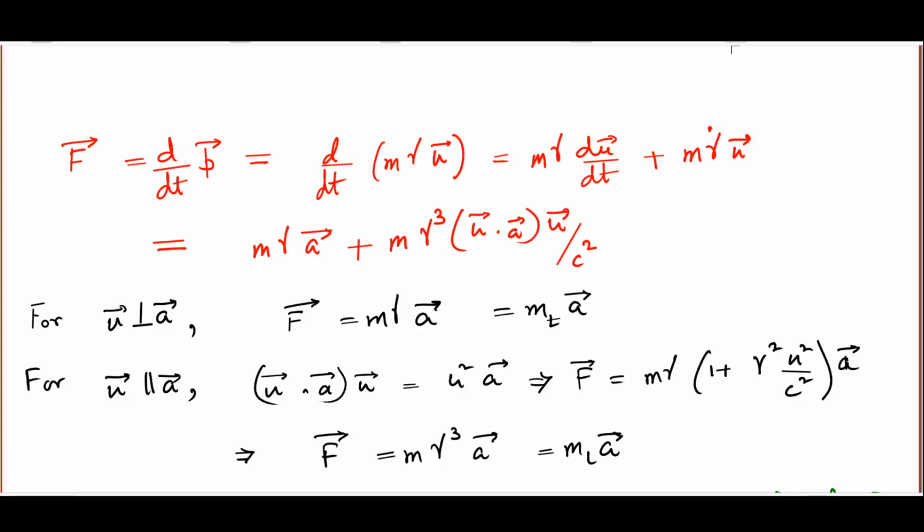A small amount of algebra will show you that the quantity in the brackets, 1 plus gamma squared u squared by c squared, is nothing but gamma squared. So for this particular case, where u is parallel to a and the motion is longitudinal, the force is given by m gamma cubed times a. So the factor m gamma cubed is what you call the longitudinal mass, m_l.